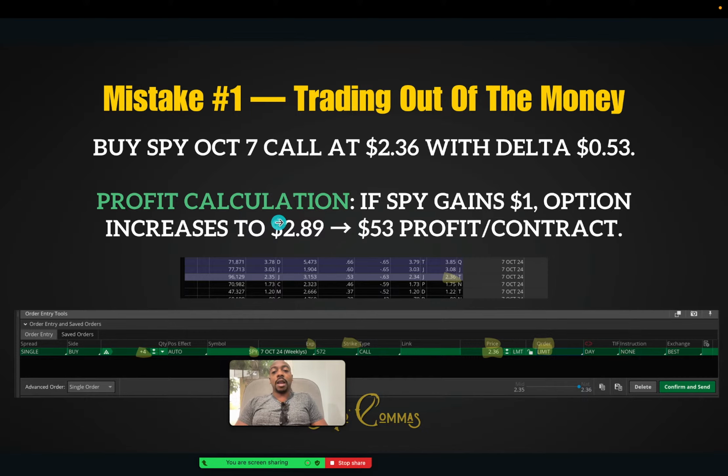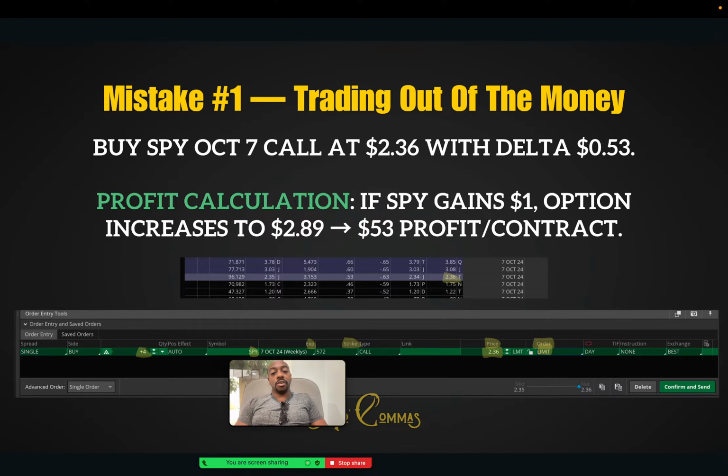So if you bought an option contract at $236, which is the current price, and it had a delta of 53 cents, if SPY gained $1, then you would have made $53 in profit, right? So that's what I mean by, it doesn't move one to one with the stock. It actually moved up 53 cents when the stock moved $1.